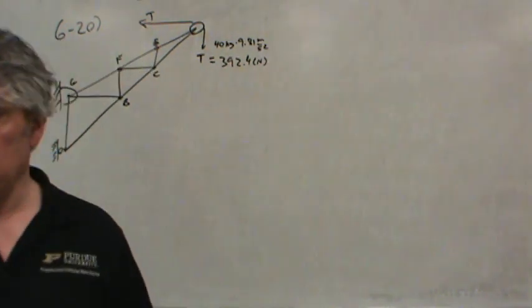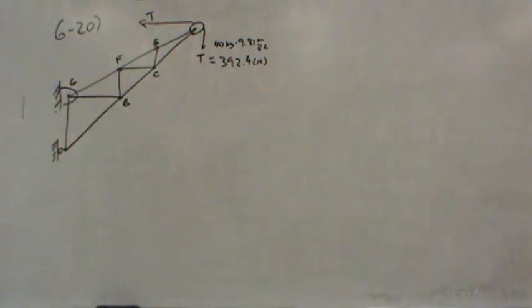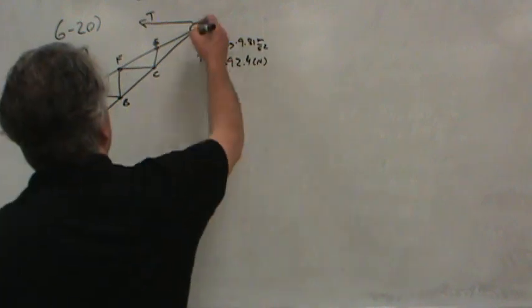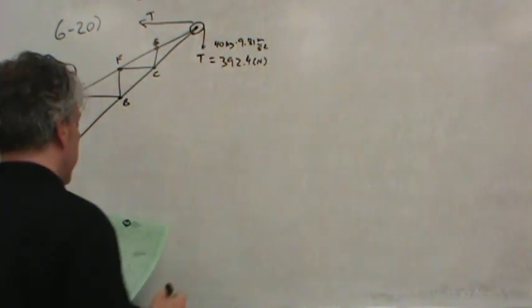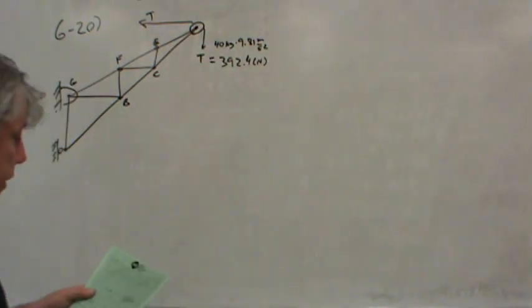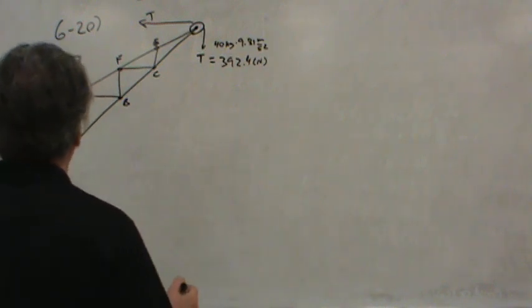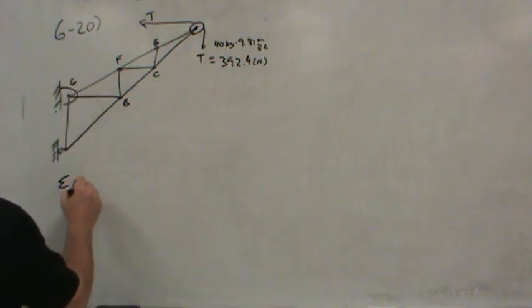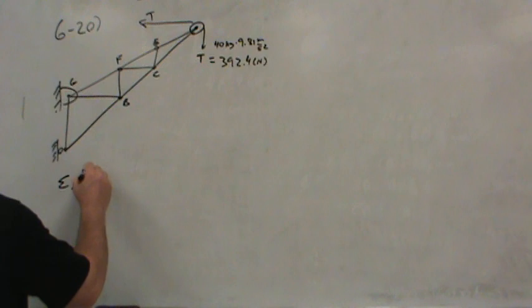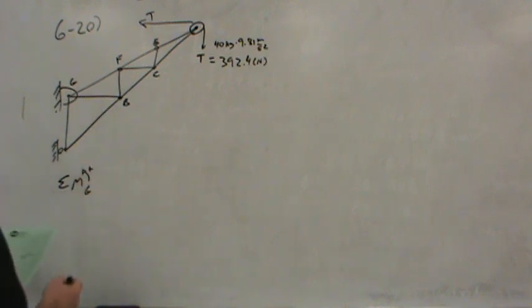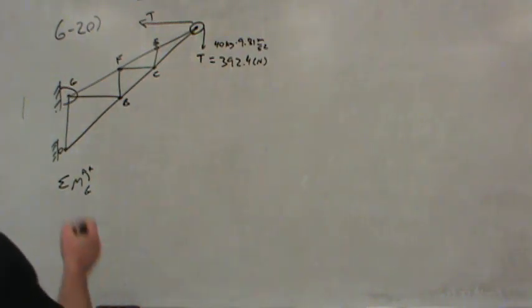Now, I didn't copy down all of the geometric dimensions. I'll let you look at the picture for that. But the pulley has a radius of 0.1 meters. So, if we sum moments about point G, taking counterclockwise as positive, you know what, I may need some of that geometry. It's not many dimensions, so let's just put them on.